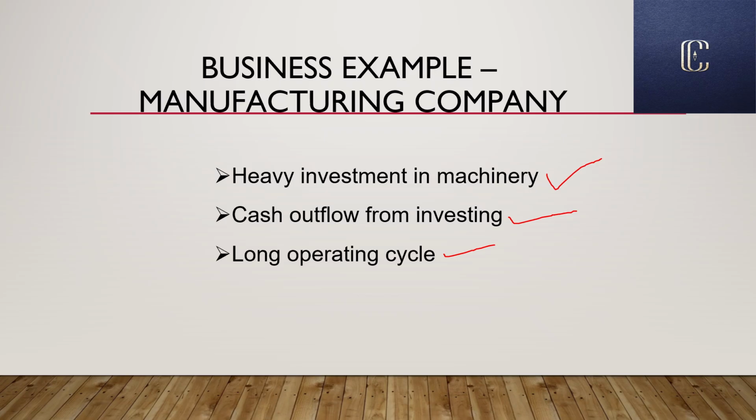Manufacturing companies may show high profit, but also cash shortage due to heavy investment and long production cycle. Thus, profit alone does not show real cash condition. Remember, manufacturing businesses need strong cash planning because money goes out long before it comes back.